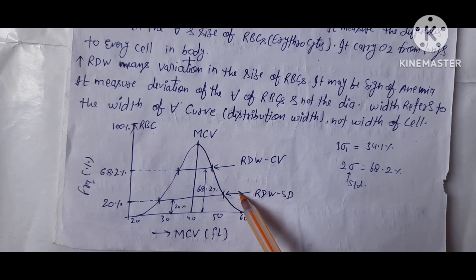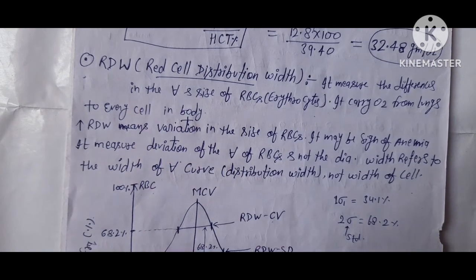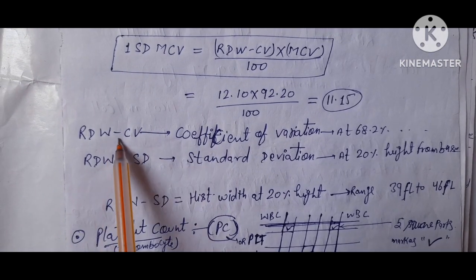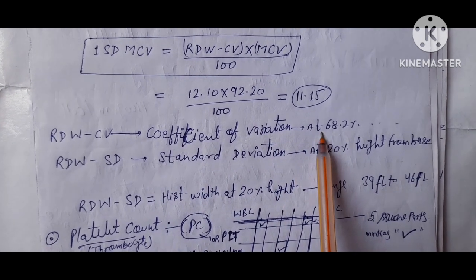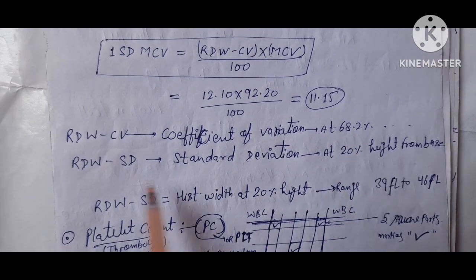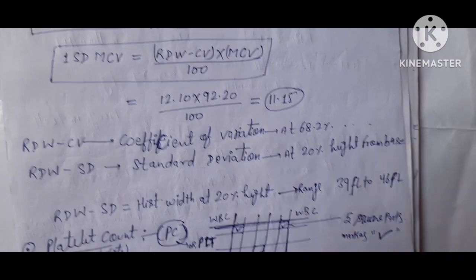So this is the graph to read and calculate RDW. RDWCV means coefficient of variation at 68.2%, and RDWSD is the standard deviation at 20% height from the base.